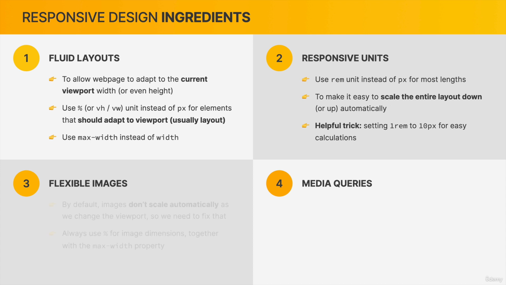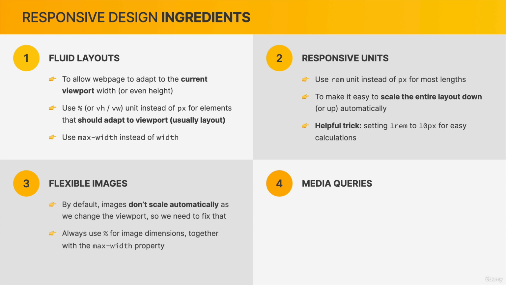The next ingredient are flexible and fluid images. And this is a separate and important ingredient because by default, images behave differently than text content because they do not scale automatically as we change the viewport. Therefore, we need to fix that. So we need to ensure that they do also adapt nicely to whatever viewport the page is viewed at.